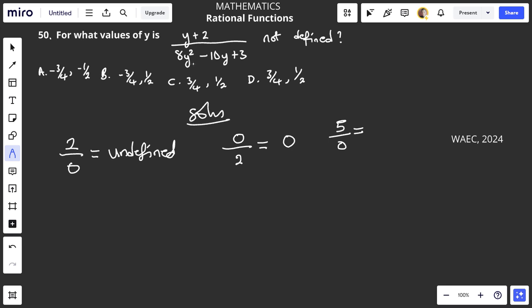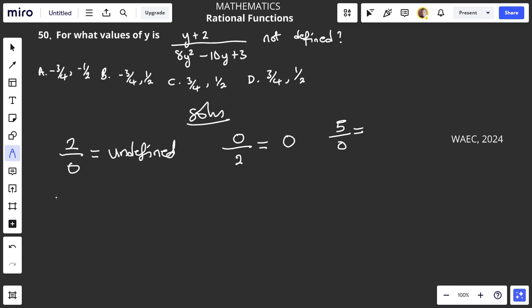You look at the denominator and you have a quadratic expression there, so y will have two values. Indirectly, they are asking you to solve the quadratic equation on the denominator.